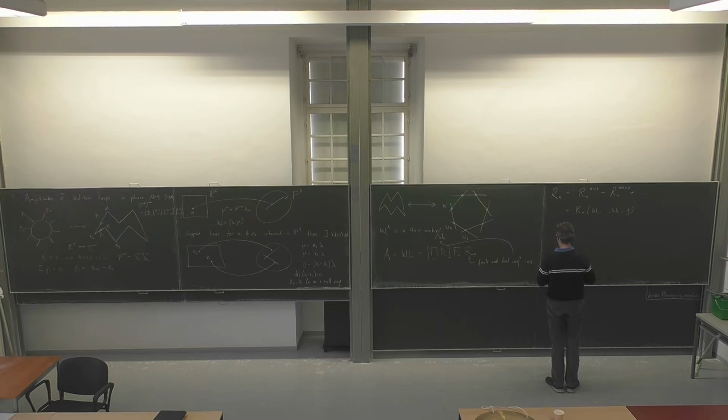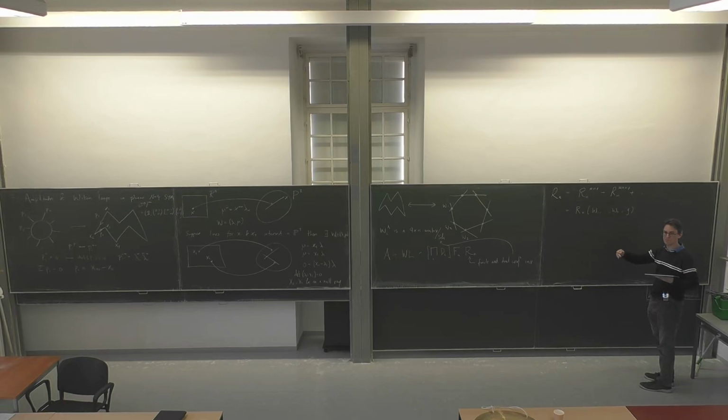And the kind of structure that you find: there are various different types of function that show up here. Typically, as you start expanding in perturbation theory, you find logarithms and dilogarithms and higher weight polylogarithms and more complicated objects.